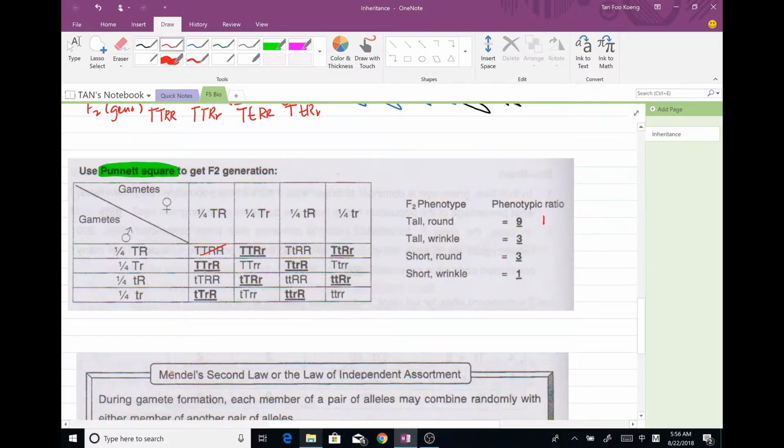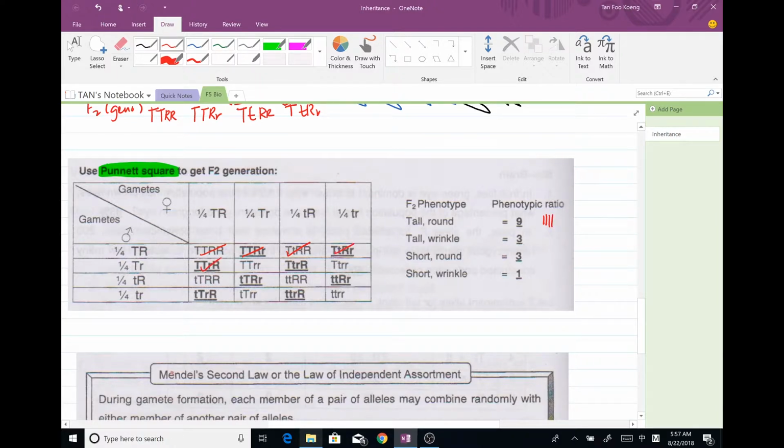Again, I get a tall and round seed plant. Okay, now let's see the fourth one. Big T, big R, small r. This is a heterozygous plant. Since big T is dominant over small t, and big R is dominant over small r, again this F2 will be tall and round.